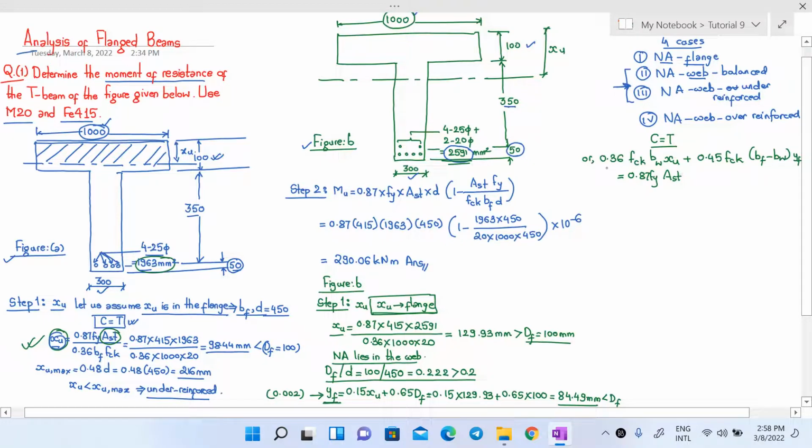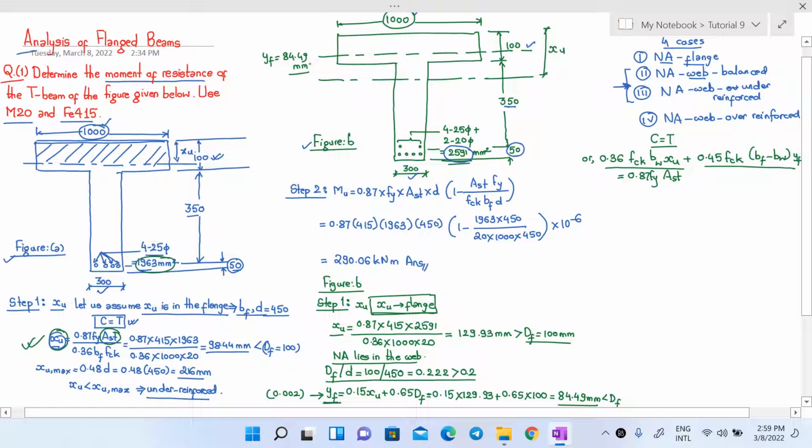So remember, these two expressions for the compressive forces are the expressions for the concrete below and above the value of yf here. So we got the value of yf to be nearly equal to 84.49 mm. That means let us say this is our yf line, yf equals 84.49 mm.